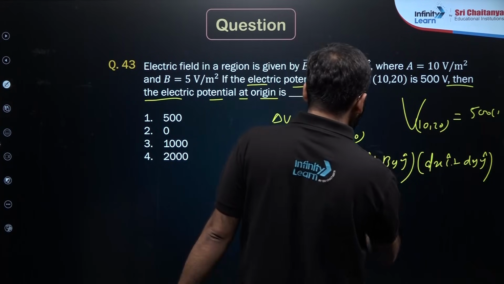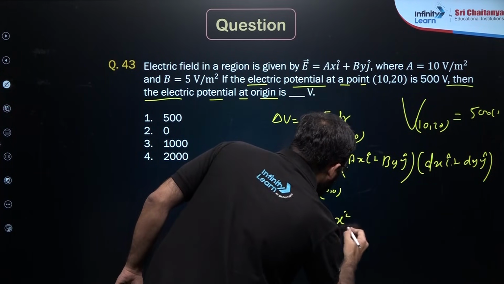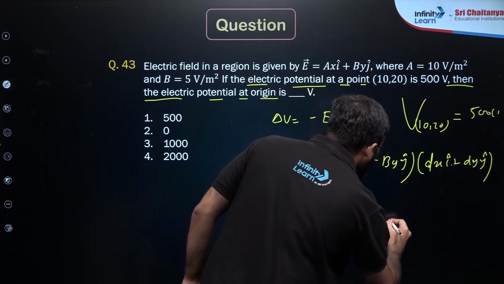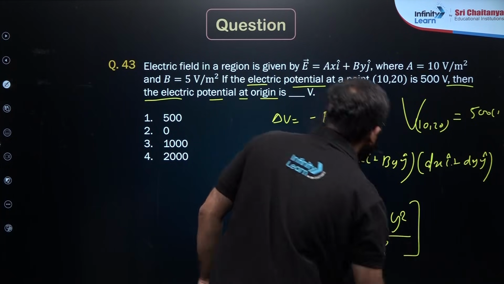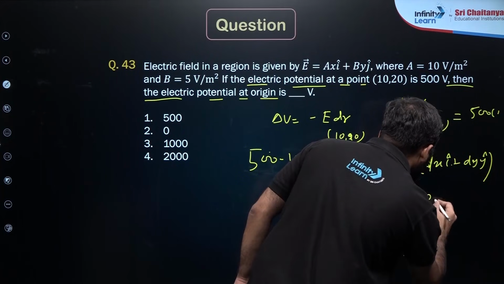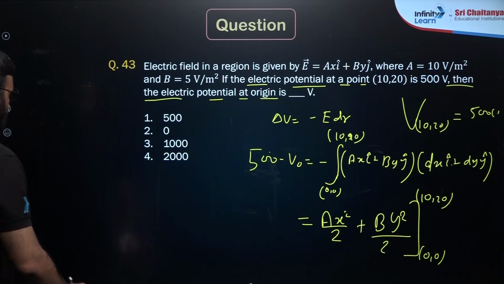So do this integration: A into x square by 2 plus B into y square by 2, with limits from (0, 0) to (10, 20). Just put the value here, so V naught you can easily get.